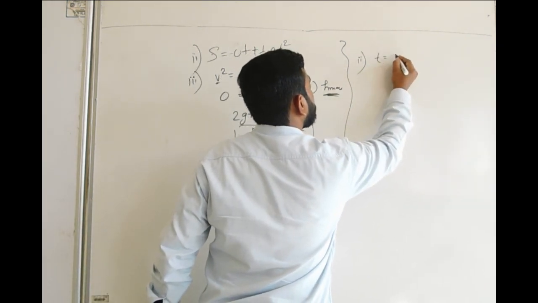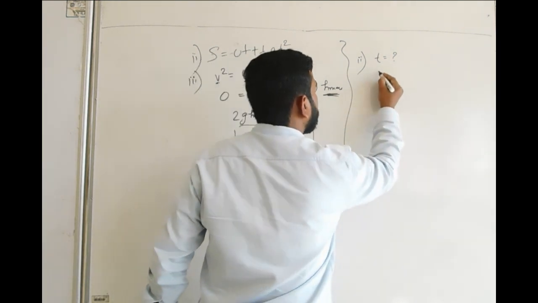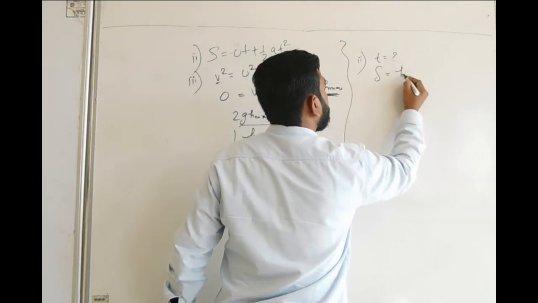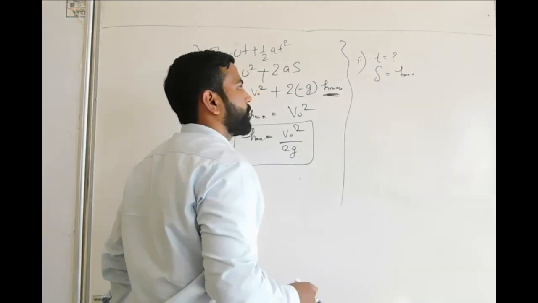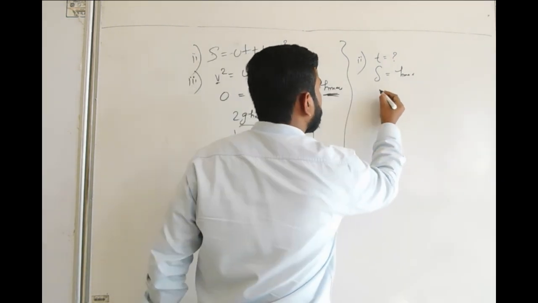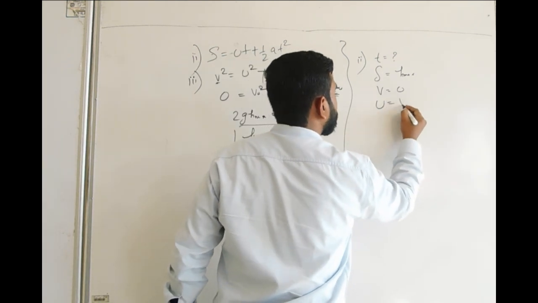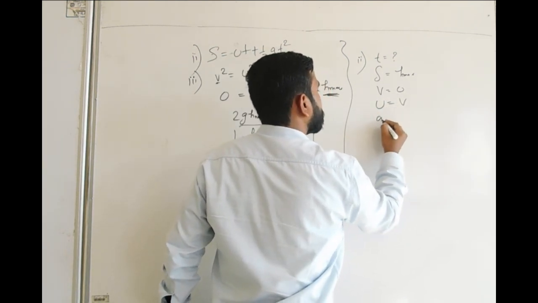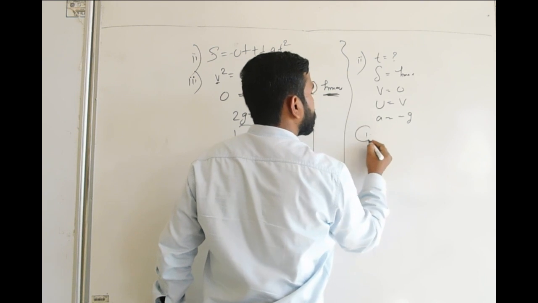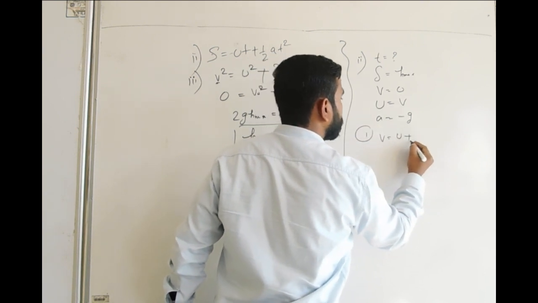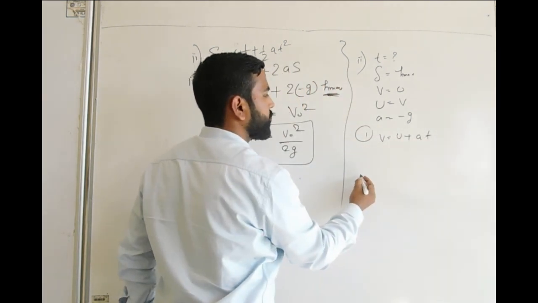For the time of attaining maximum height, we have the displacement, which is h max, and we have the final velocity value, which is 0. Initial velocity is v naught. We can simply apply the first equation of motion, v is equal to u plus at.